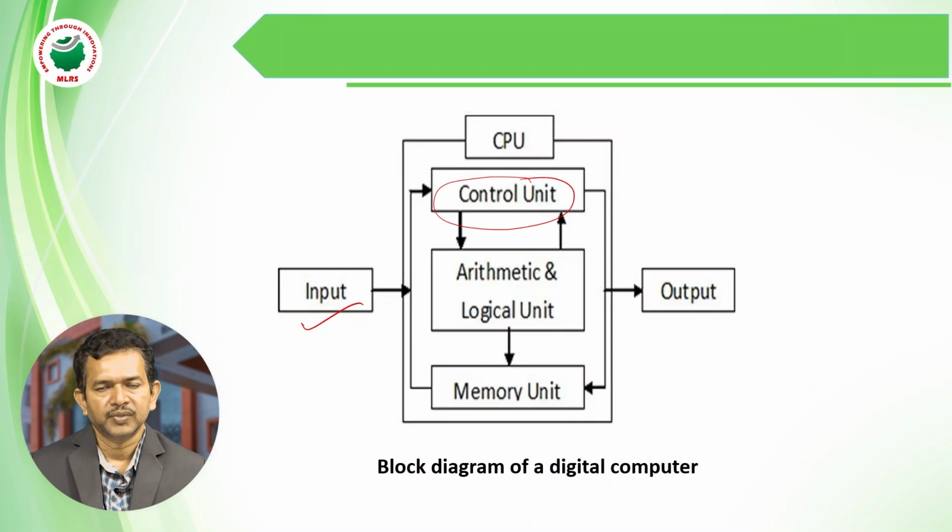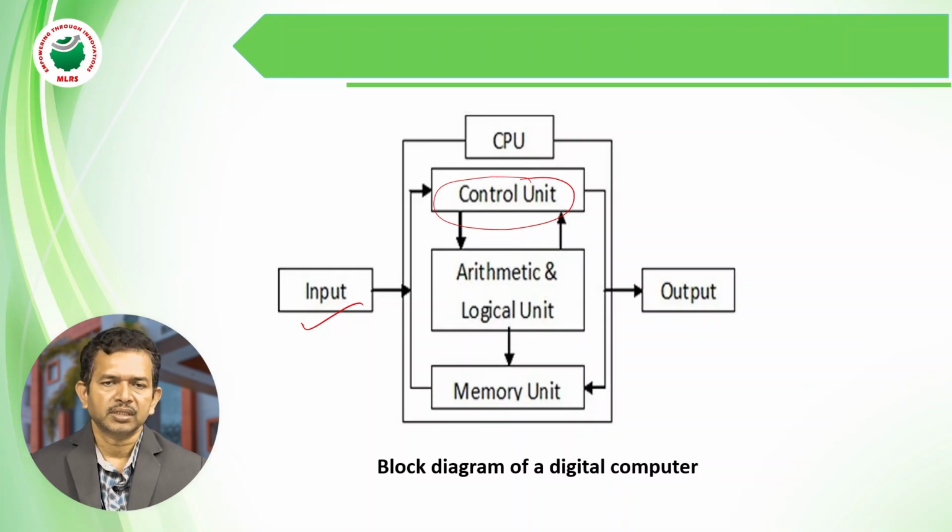Whatever left shift and right shift operations there are, they are categorized under the shift operation. So the arithmetic logic unit plays a very important role by categorizing all these instructions given by the input unit.